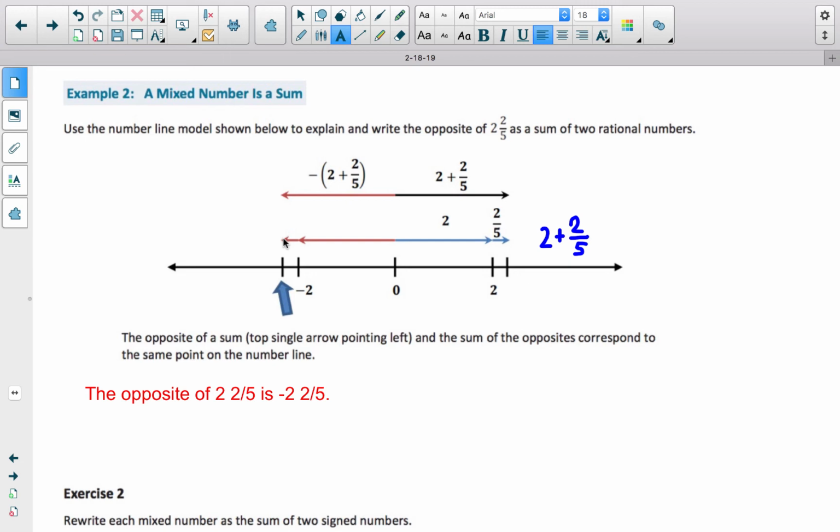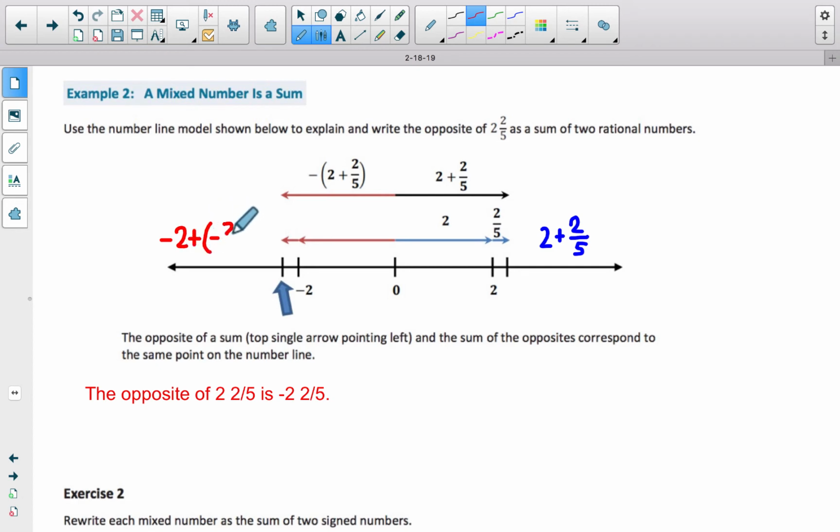So instead of looking at 2 2/5 as one combined number, one mixed number, we're going to look at it as the sum of two numbers, the sum of 2 plus 2/5. We got two rational numbers here. In the negative way, if we're looking at going in this direction, and we want to write this as a sum of two rational numbers, it is basically the idea of negative 2 plus a negative 2/5.